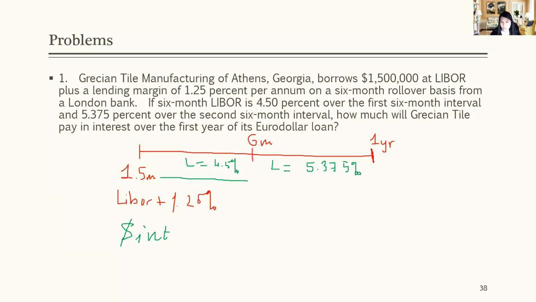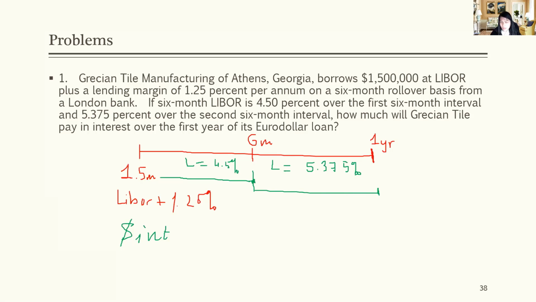So as 6 months passes, my initial loan is going to mature. At this time, if it's a normal loan, I'm going to pay back the principal as well as the interest, right? But instead, what I'm going to do after 6 months is roll over 1.5 million for another 6 months.